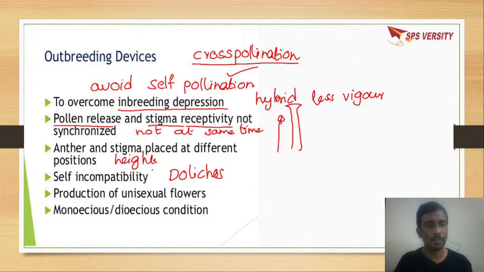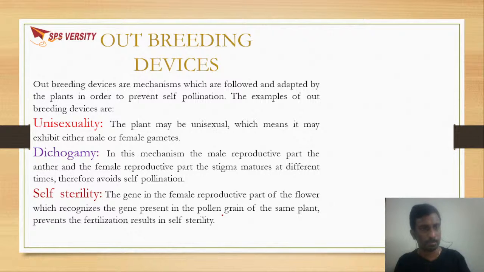That is called self-incompatibility. And in a few flowering plants, unisexual flowers are produced. Obviously, it has to go for cross-pollination. And in the dioecious condition, the male plant and female plant are present separately, which will promote sure cross-pollination.